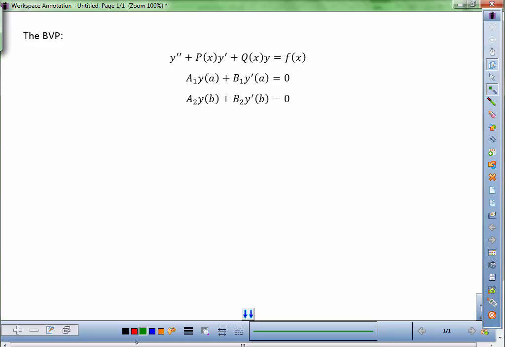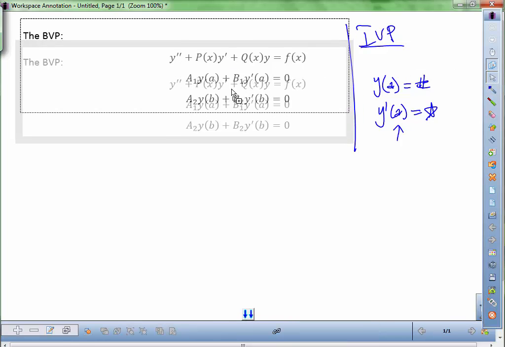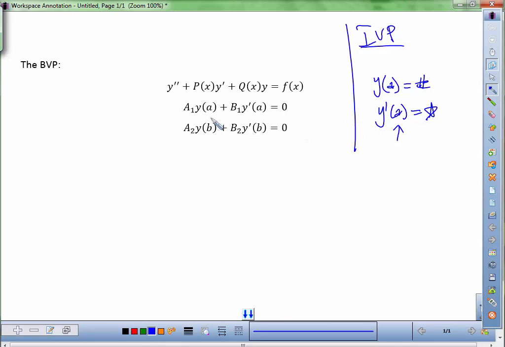A and B. So as a comparison, an IVP would have conditions y(A) equal to some number, and then y'(A) equal to another number. And so the initial conditions focus on one x value. The boundary value problem, the boundary conditions are not exactly given like this.